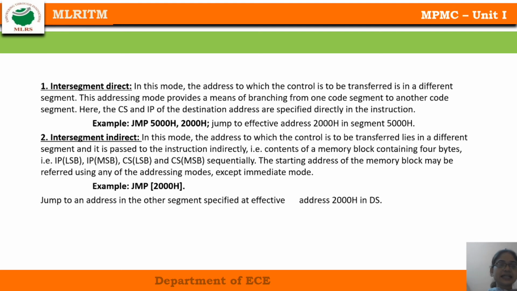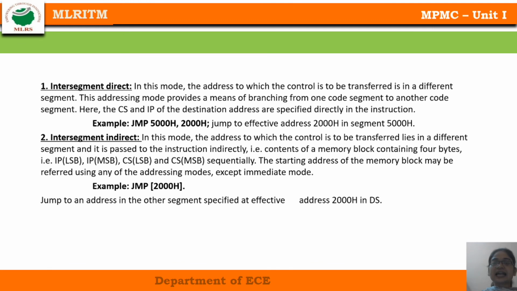Next is inter-segment indirect addressing mode. In this addressing mode, the address to which control is to be transferred lies in a different segment and it is passed through the instruction indirectly. The content of the memory block contains 4 bytes, that is IP-LSB, IP-MSB, CS-LSB and CS-MSB sequentially.